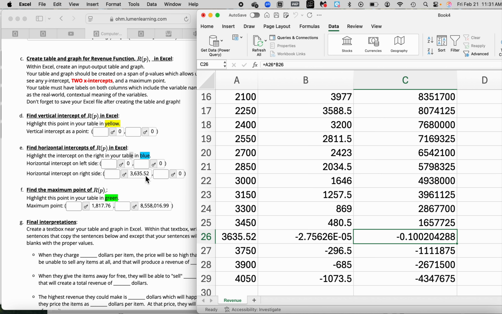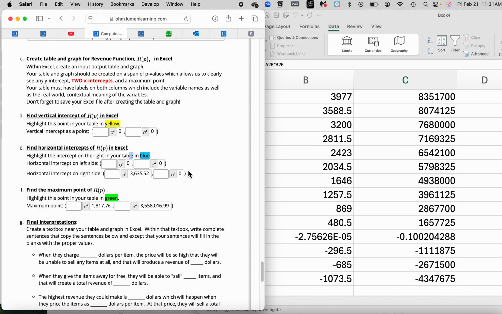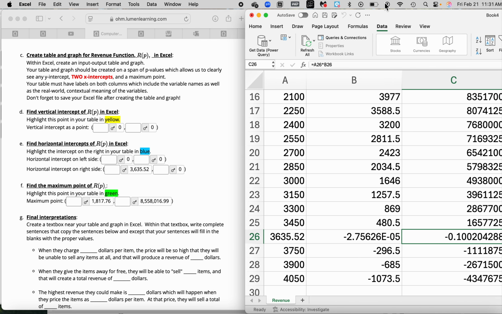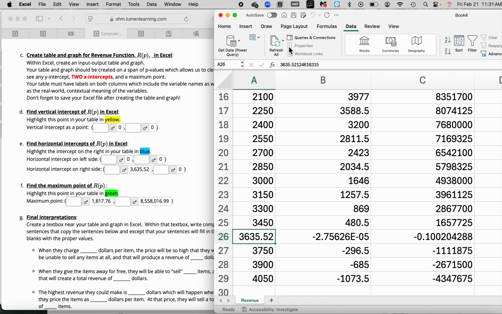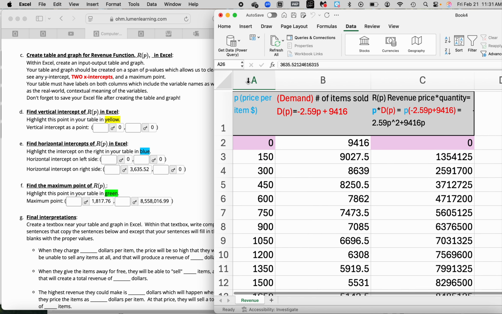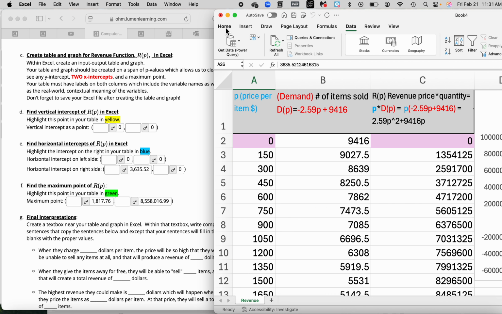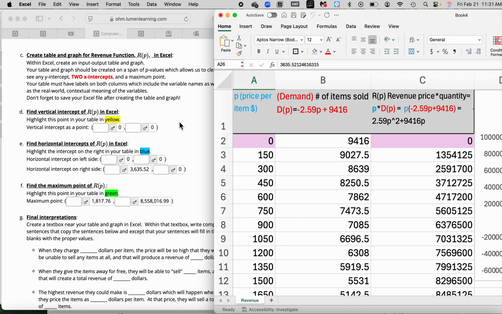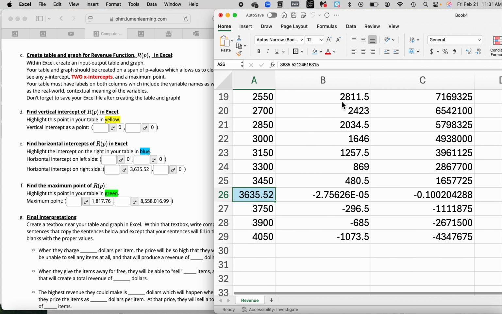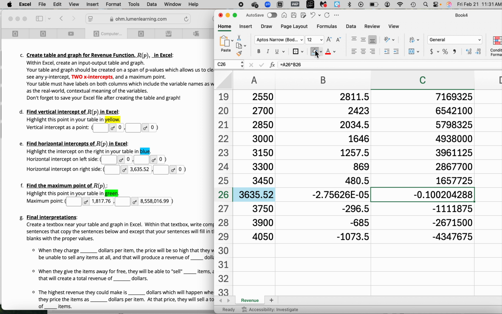You do it to 2 decimal places because that represents a price, and that results in about $0 revenue. All right, so that is my second intercept. Let me just highlight that. It wanted me to put those in blue, so I make that blue and I make that blue.